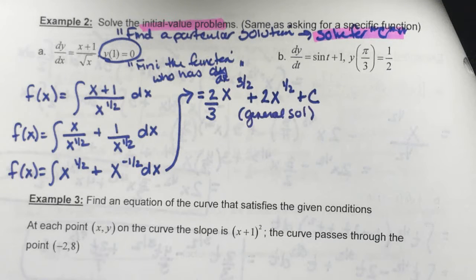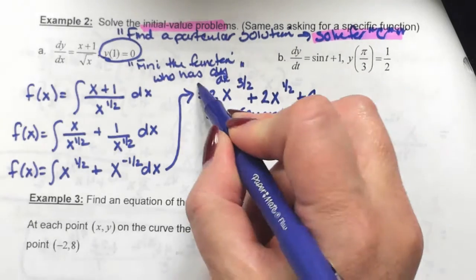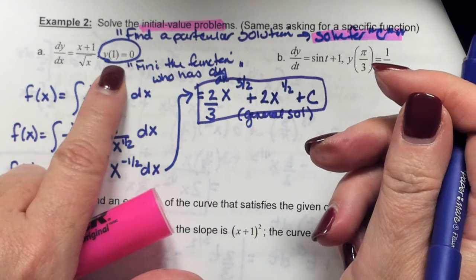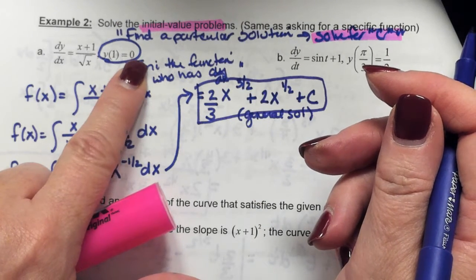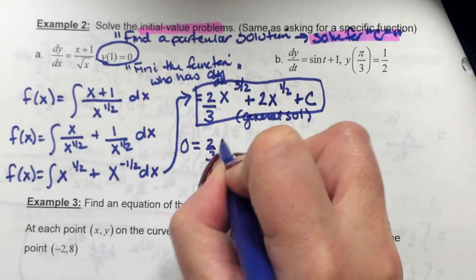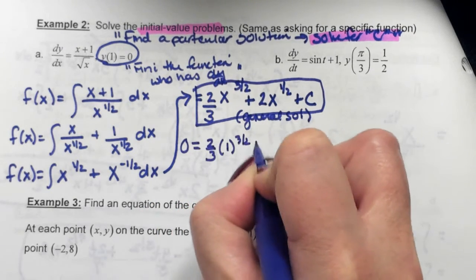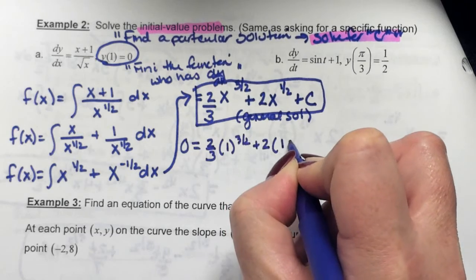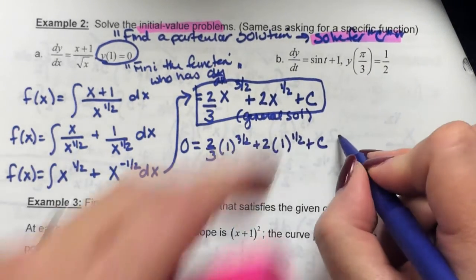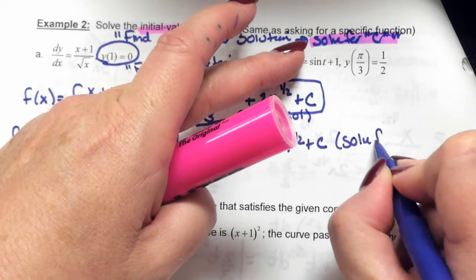So, since they're giving me the condition, y of 1 is equal to 0, I'm going to replace my x with a 1 and set it equal to 0 to solve for c. So 0 is going to be equal to 2/3 times 1 to the 3/2 plus 2 times 1 raised to the 1/2 plus c. Because what I want to do is solve for c.